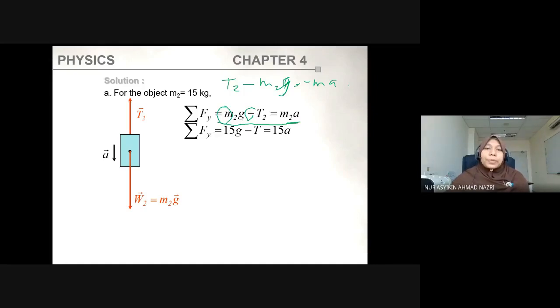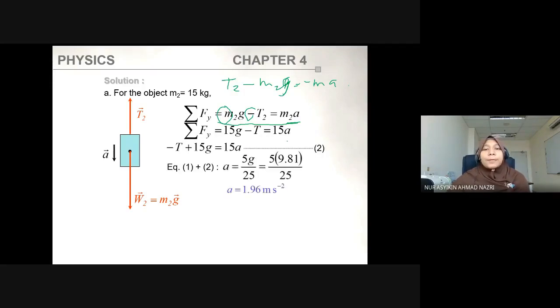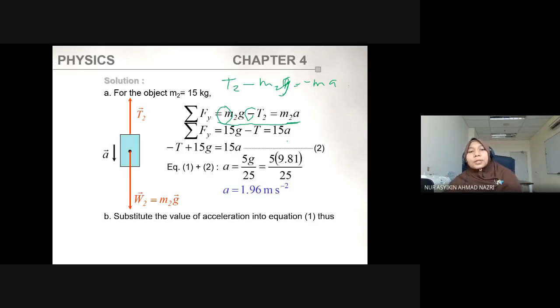Okay, so we substitute the values, then we get the second equation. Then we solve those two equations and find the acceleration.